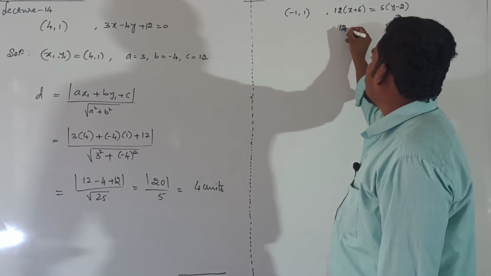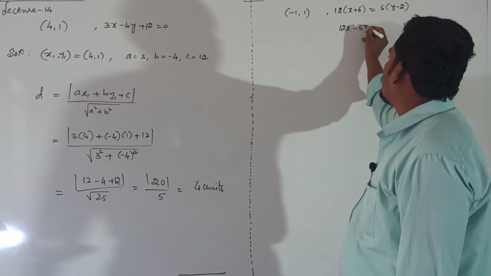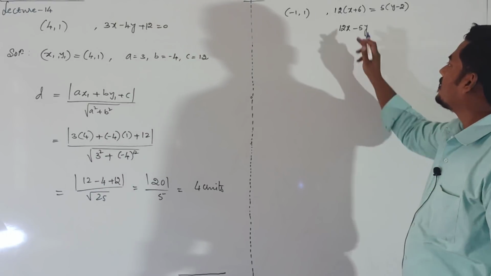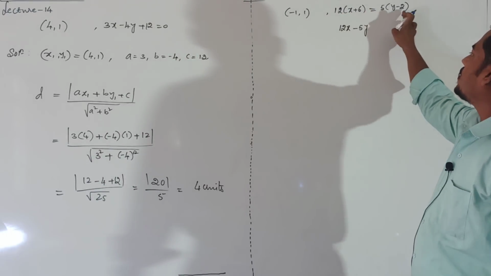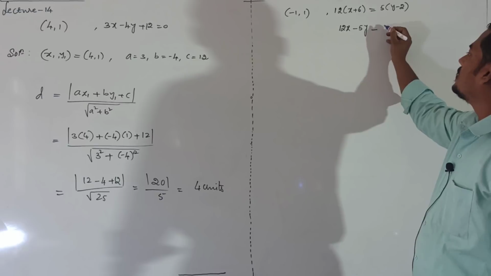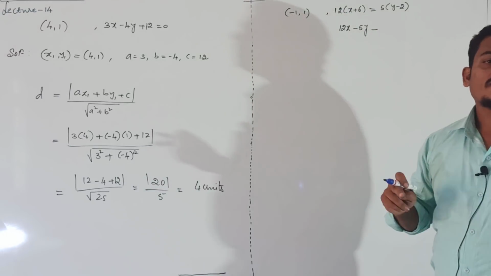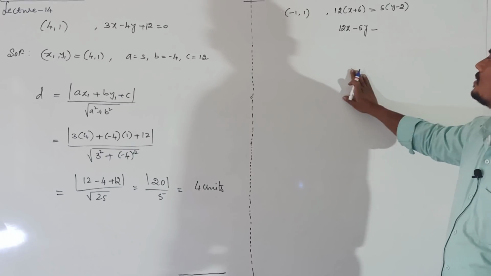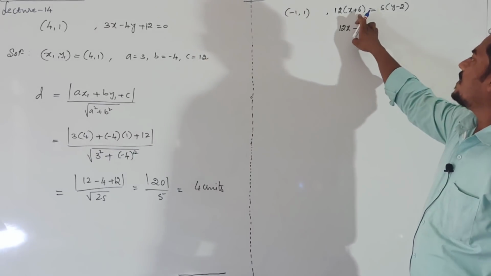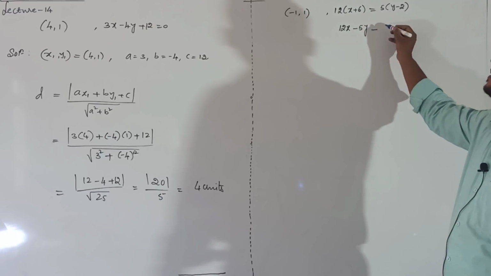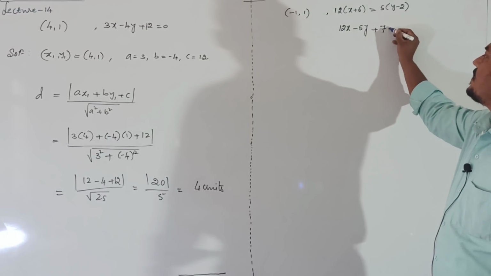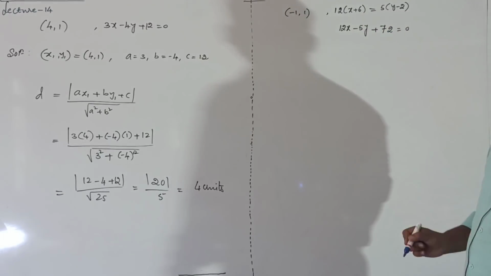So usual multiplication, 12x minus 5y, 72 minus 10, here 12 into 6, 72, here minus 10 means plus 10 only, that's equal to 0.